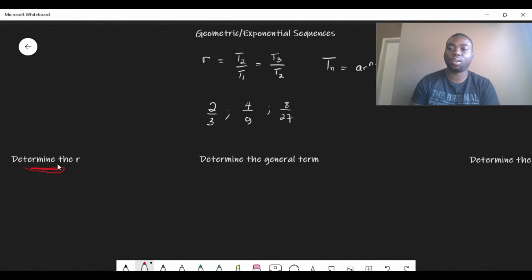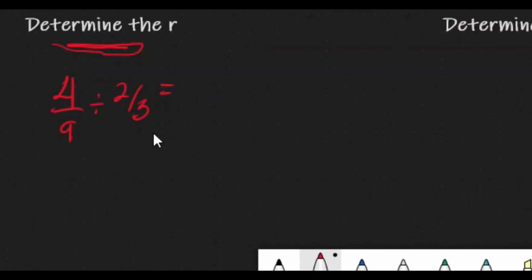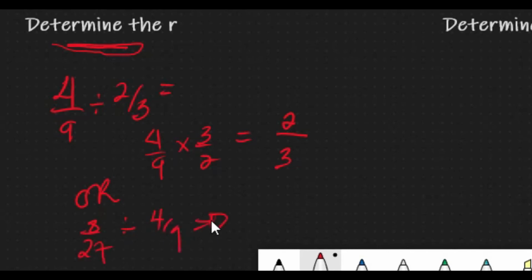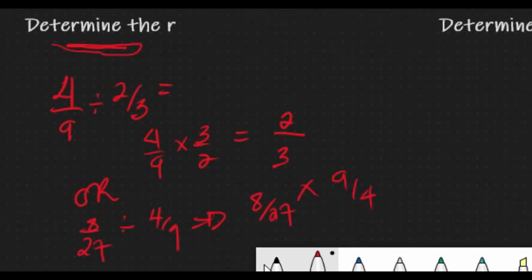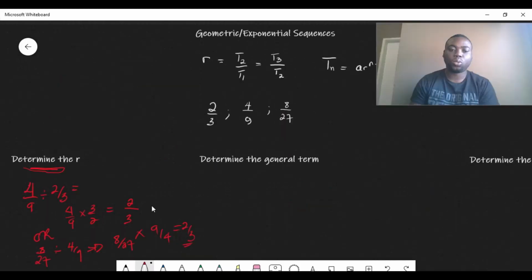So let's try that out real quick. As you can see, you get the same answer, right? You get 2 over 3, where R is equal to 2 over 3.